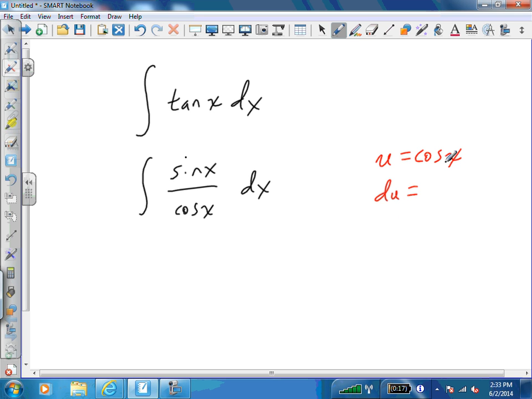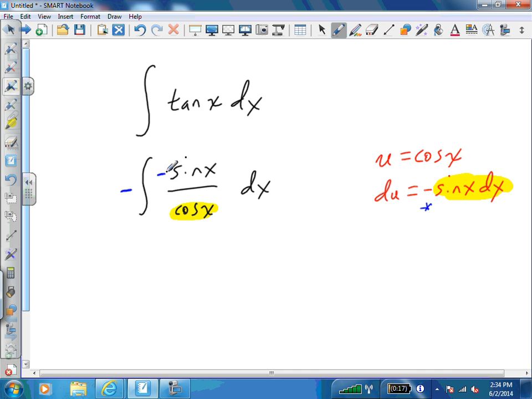What's the derivative of cosine? Negative sine. So if this is u, then the rest of it needs to be du. Well, we almost have that. What are we missing? We're missing a negative. Well, don't two negatives make a positive? So those cancel.